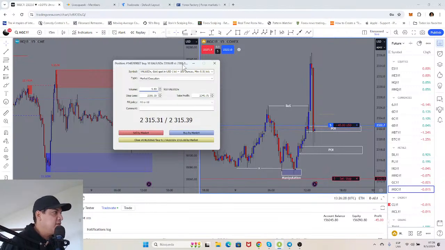You cannot expect to have a good third-party risk calculator. It's messing everything up for me right now. Come on, I need that pop above that entry line so I can go back to my normal risk. All right, there we go.